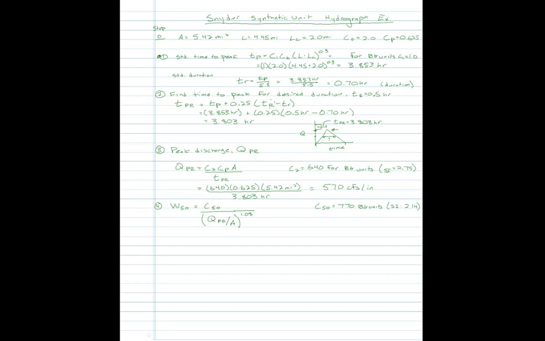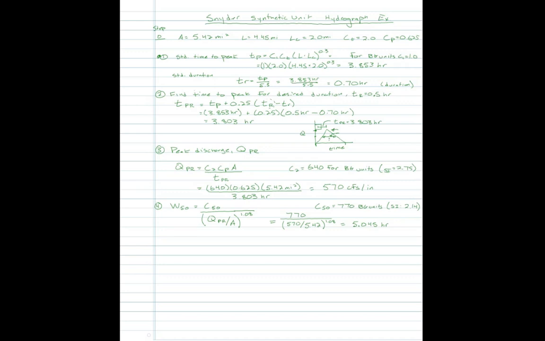Okay, so the W50 is 770 divided by 570 CFS per inch divided by the area, 5.42 square miles to the 1.08 power. And what comes out of that is 5.045 hours. So that's telling us how big this distance is.